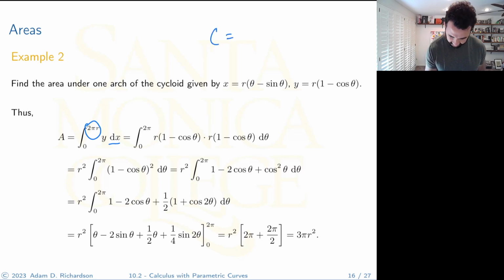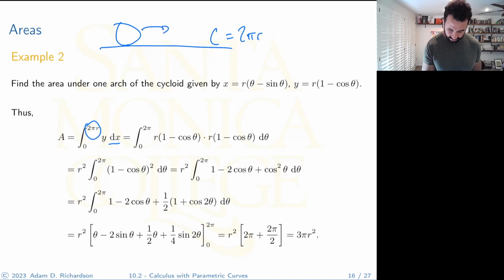As that bicycle wheel rolls along, it'll trace out one whole circumference in 2 pi radians. But remember, its radius is r. So if we're thinking in terms of horizontal displacement, then we're going to integrate from 0 to 2 pi r instead.